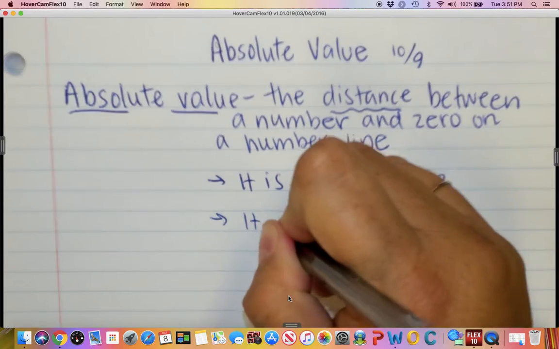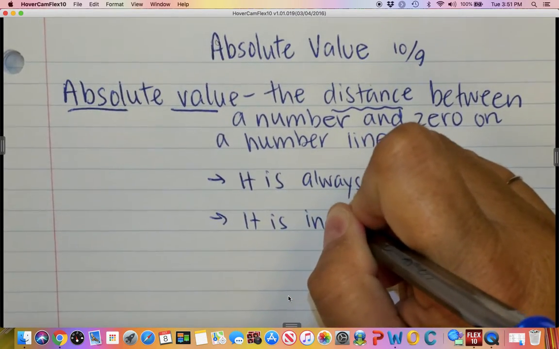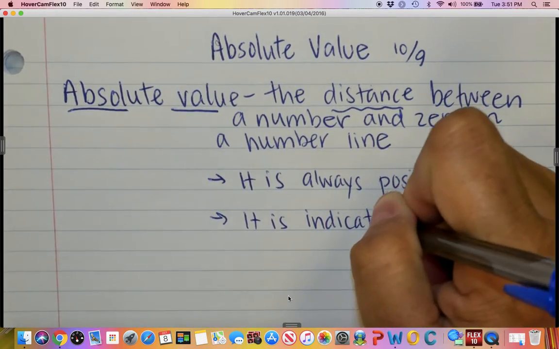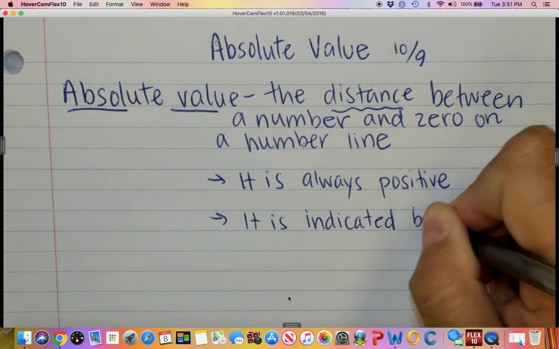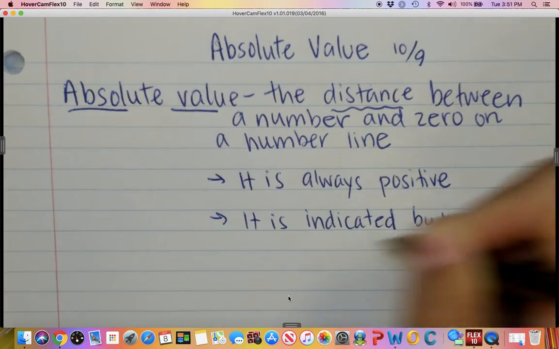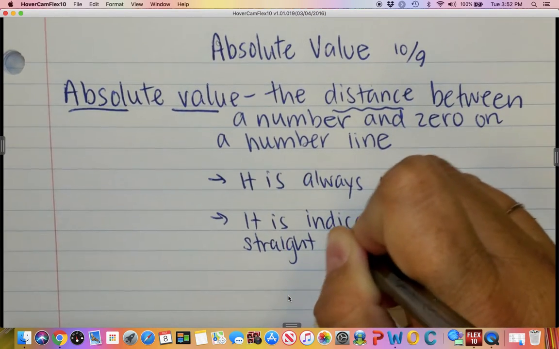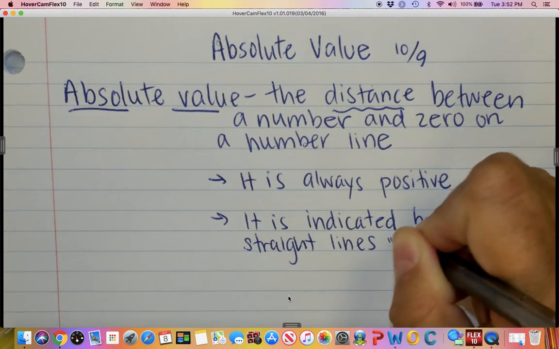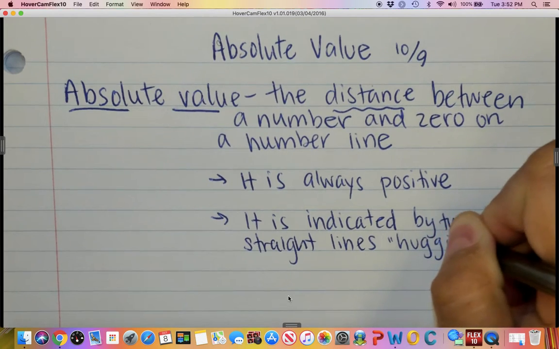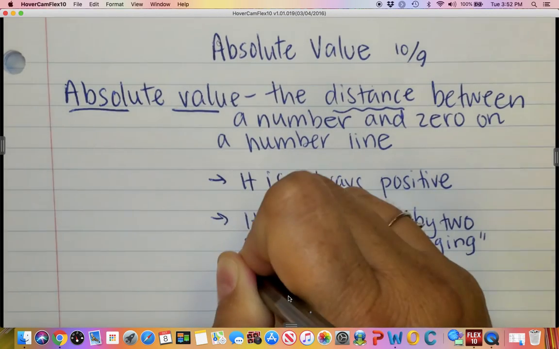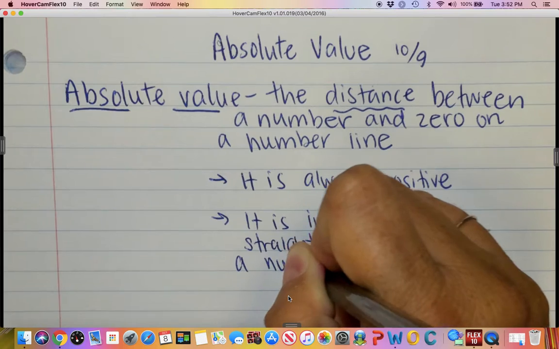and it is indicated or shown by two straight lines. I say hugging a number, and I'll show you what that means in just a second.